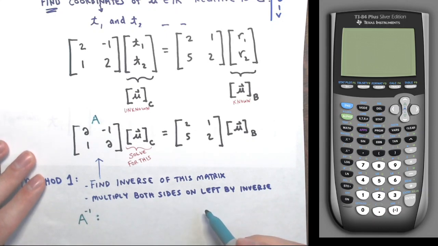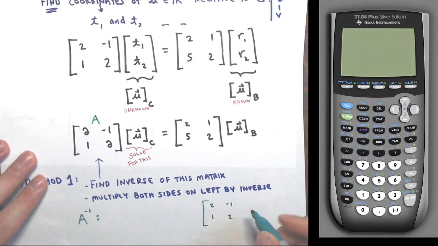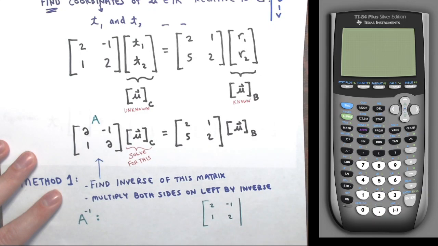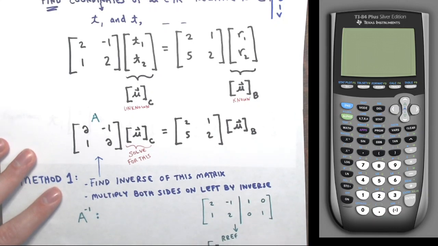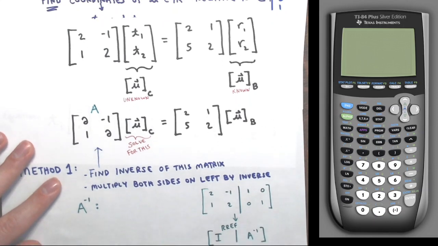One of the ways was to do the augmented matrix, where you have here's A, and then you augment it with the identity matrix. And then you would put this into reduced row echelon form, and then you'd have the identity matrix on the left, and then whatever A inverse is on the right.